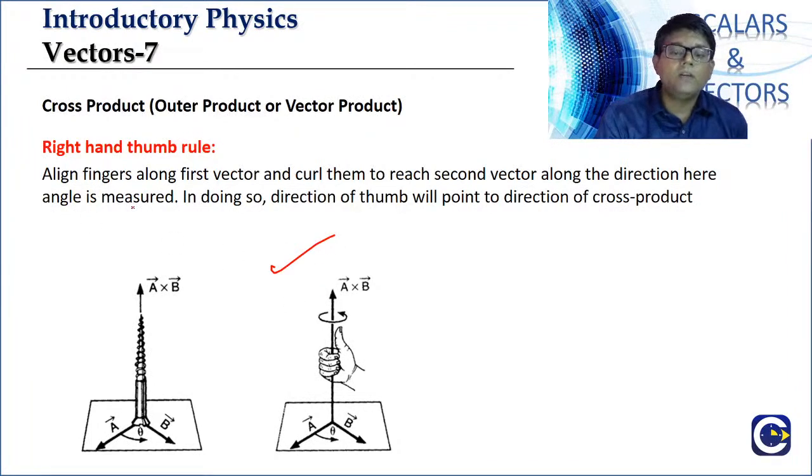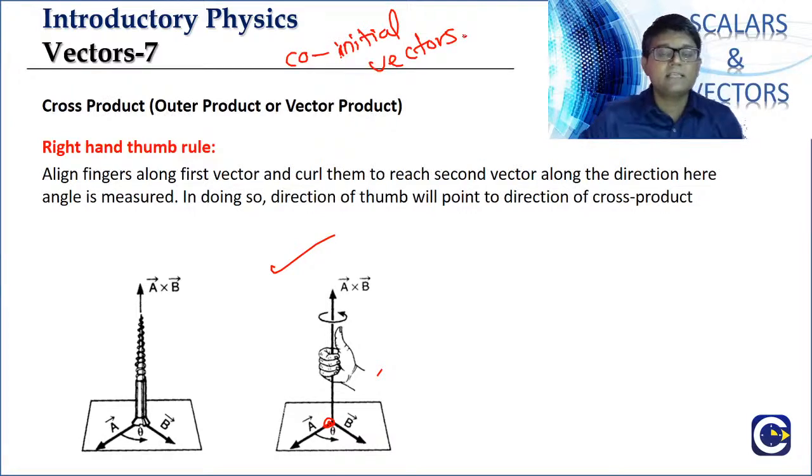First, how are we going to give the direction as per the right hand thumb rule? You can see in this representation, A bar and B bar, we are keeping the two vectors as co-initial vectors.